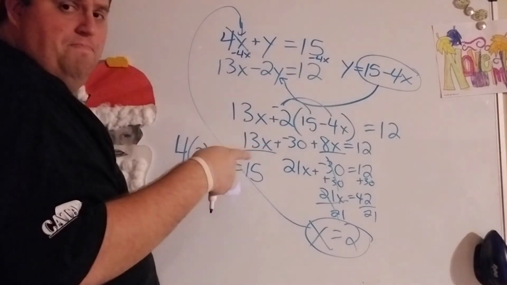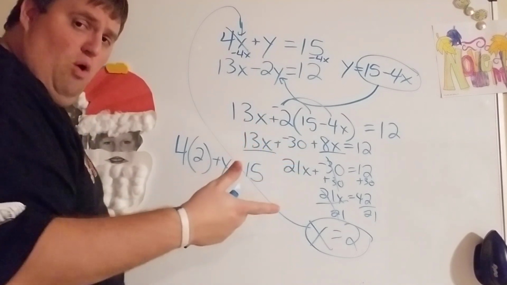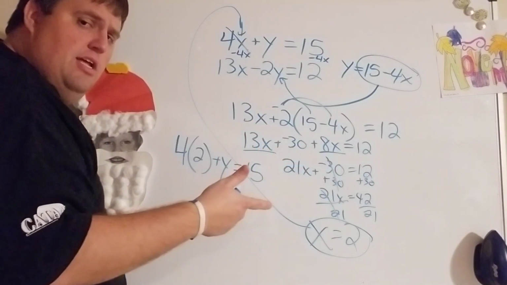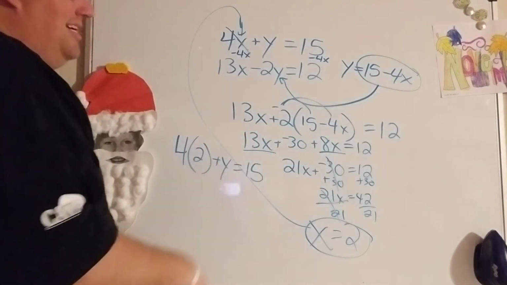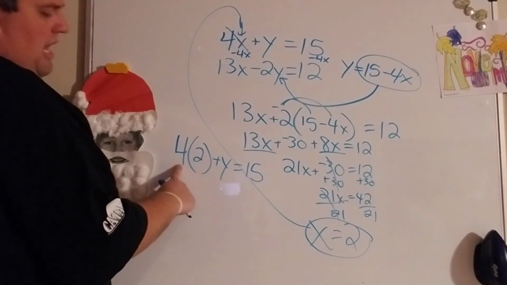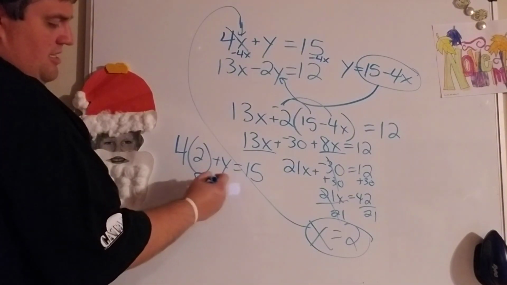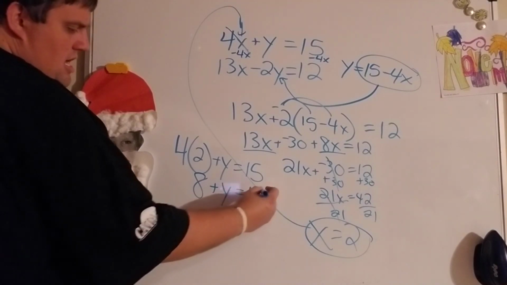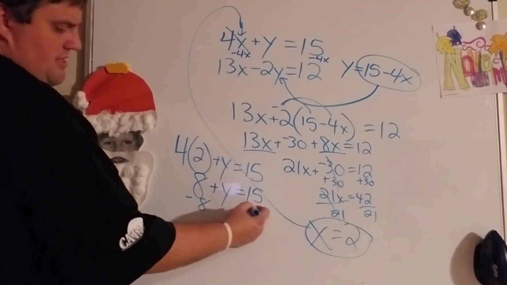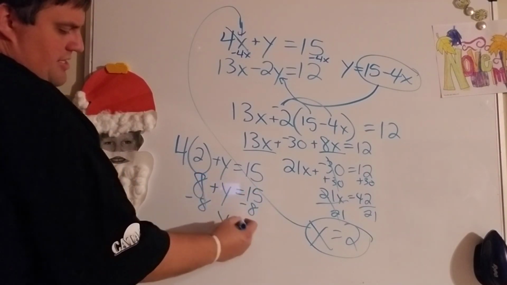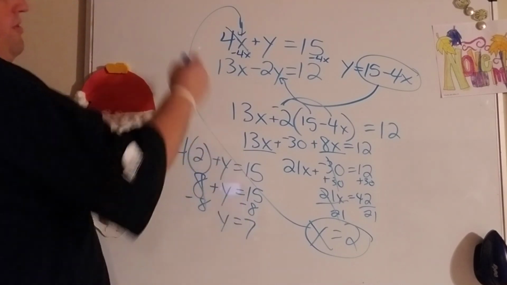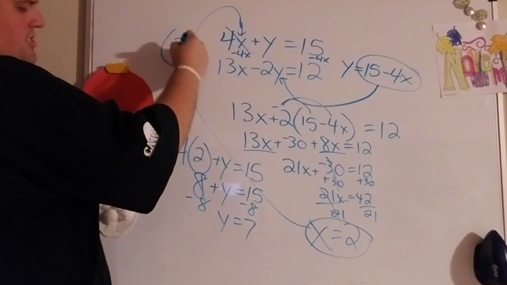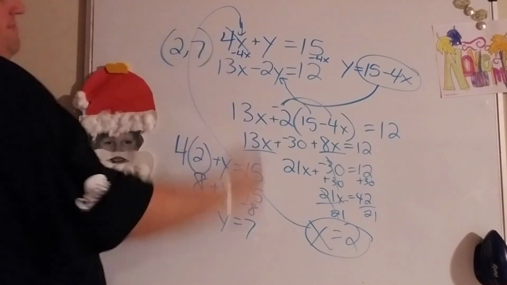When I plug back in, I always plug into an original equation, not one that I messed with, just in case I did something wrong. 4 times 2 is 8. Then subtract 8 from both sides, and y is 7. So the point where these two lines cross is 2, 7.